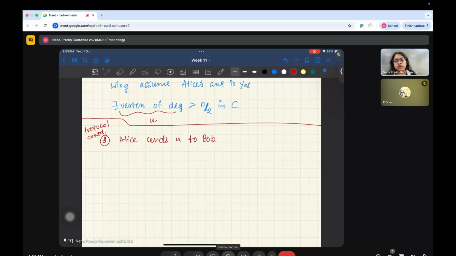Now we are going to use our idea 1. Sorry, just give me a second. Which way should the communication go?